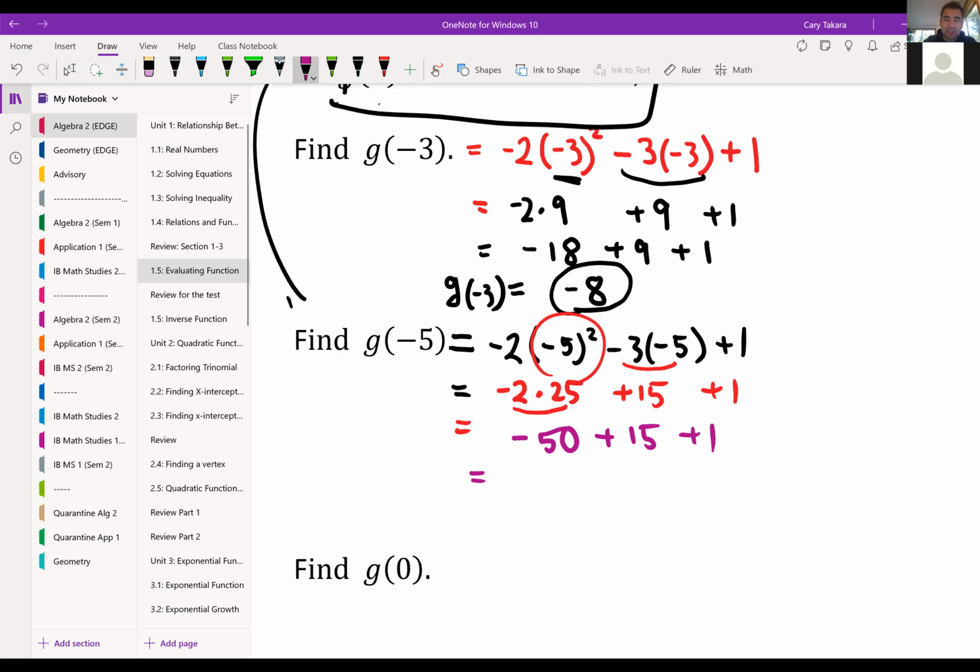Negative 35, negative 34. Yeah. Did you guys get negative 34? How did it go?